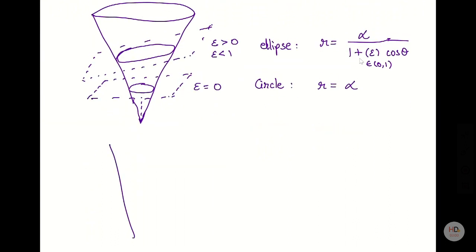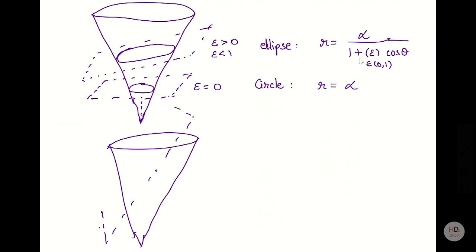Okay, then what you can do is cut it at an angle which is just parallel to this slant line. So it would be something like this. And if you cut it, the intersection would look like this. Maybe I can use a different color. Yeah. So this is a parabola, when epsilon is just equal to 1.